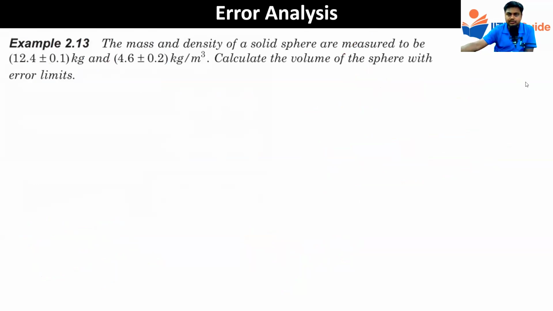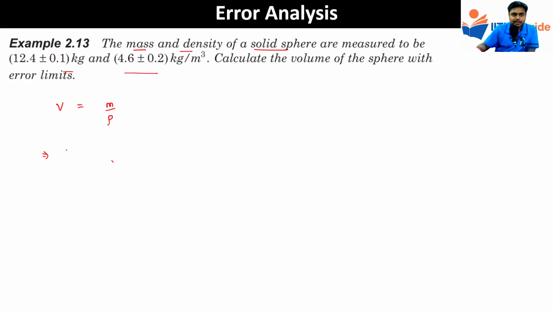Now we do this one. This one I will do for all of you. Mass and density of a solid sphere are measured to be this. Calculate the volume of the sphere with error limits. So volume is going to be equal to mass divided by density. I will tell you about errors more than 10%.